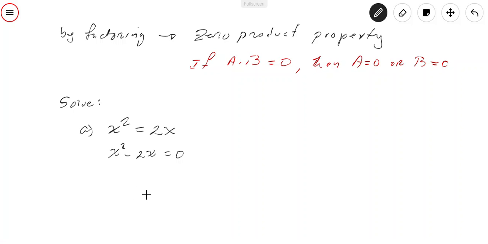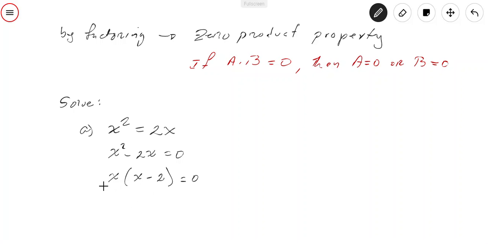Remember that when we studied the factorization of polynomials, we had a strategy with different steps, and the first step always when factoring polynomials is to look for a greatest common factor. If there is a common factor, you will factor that common factor out. When I analyze x squared minus 2x, I have a common factor x. So I will be factoring the x out, and then I get in parentheses x minus 2.